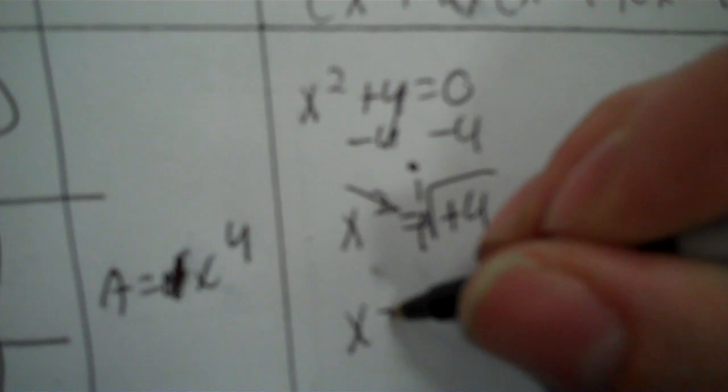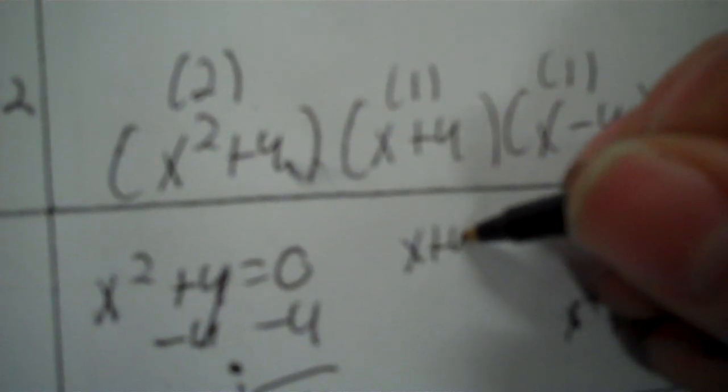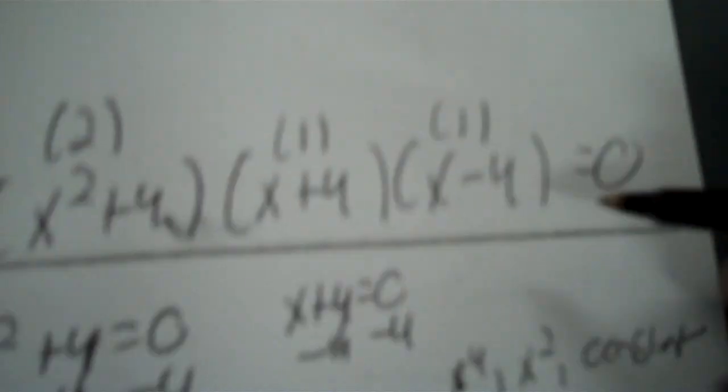The square root of 4 is equal to 2, so x should be positive or negative 2i. Remember, i's come in pairs. Okay, then x plus 4 equals 0, so that's negative 4. Then on x minus 4, it would be 4. We're going to come back to that problem here in a bit.